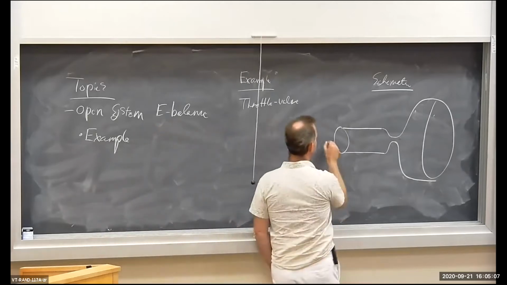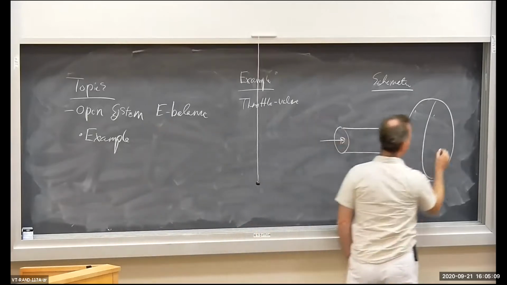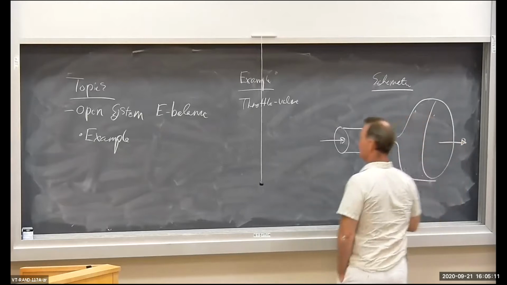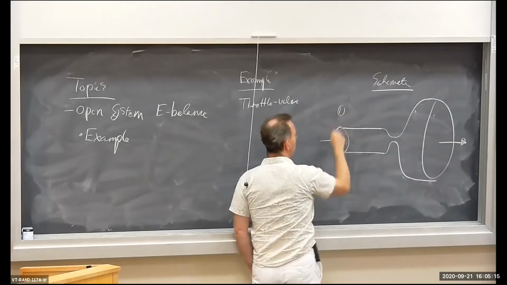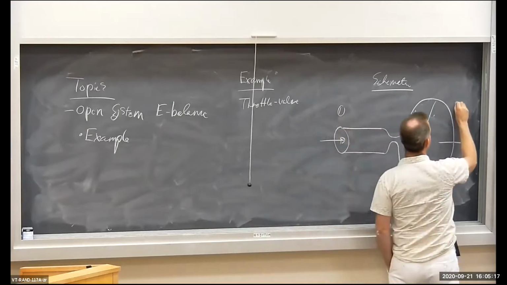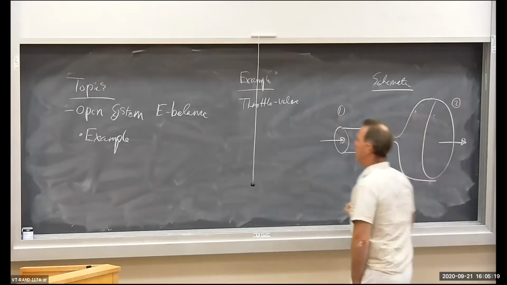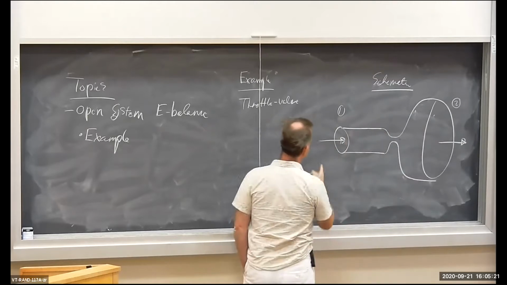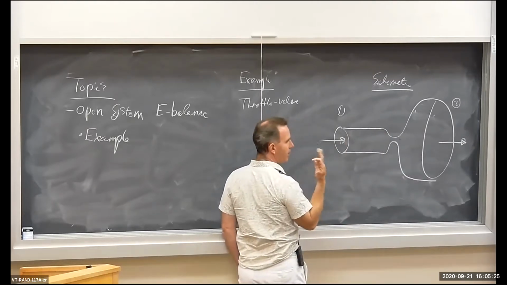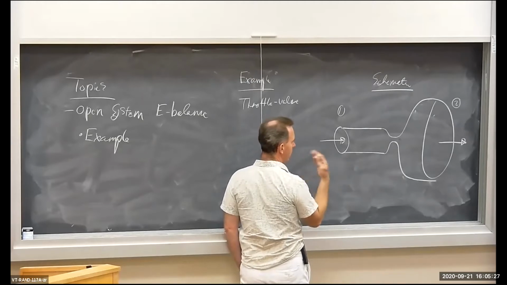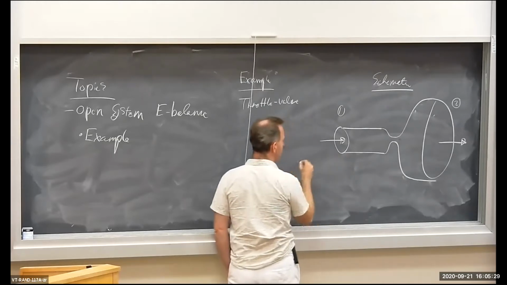The left-hand side is the inlet, and the right-hand side is the outlet. So the inlet I'll call location number 1, and the outlet I'll call location number 2. So what we have here is steam, or if you like, a mixture of saturated vapor and liquid.